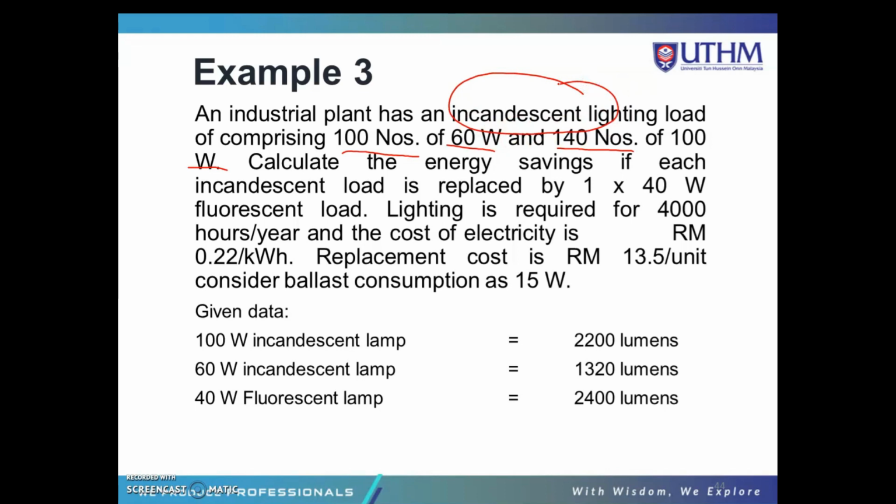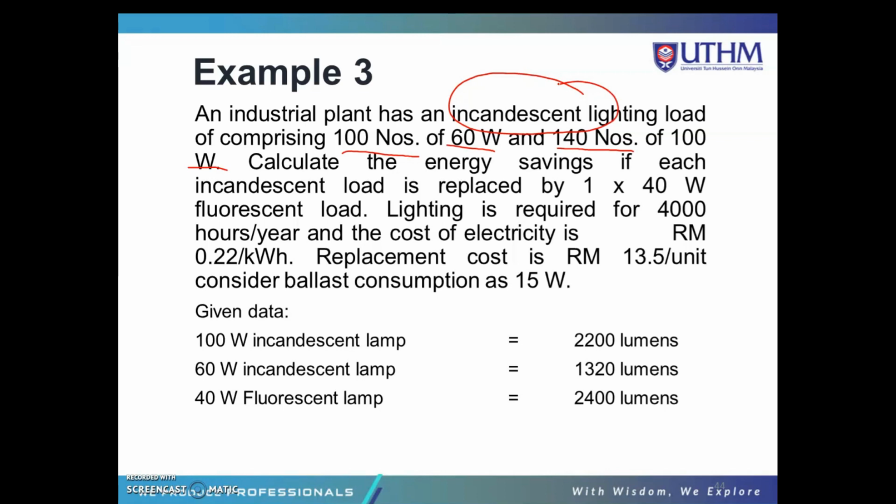Calculate the energy savings if each incandescent load is replaced by 1 times 40 watt fluorescent load. Lighting is required for 4,000 hours per year, and the cost of electricity is 22 cents per kilowatt hour.